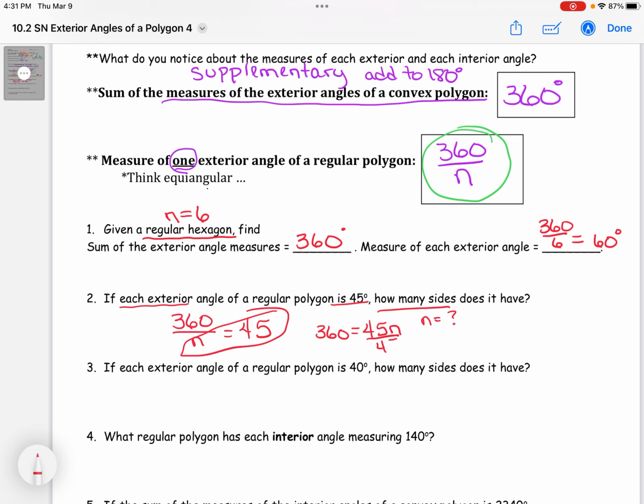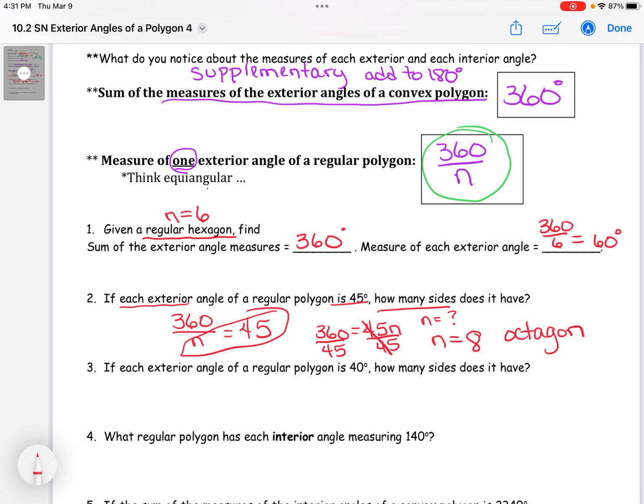Divide both sides by 45. And we end up with n equals 8. And if n equals 8, we have 8 sides. That means we have an octagon.